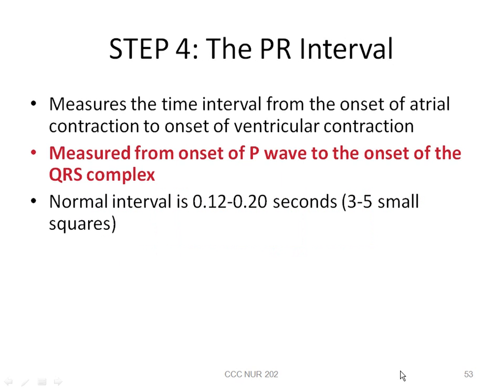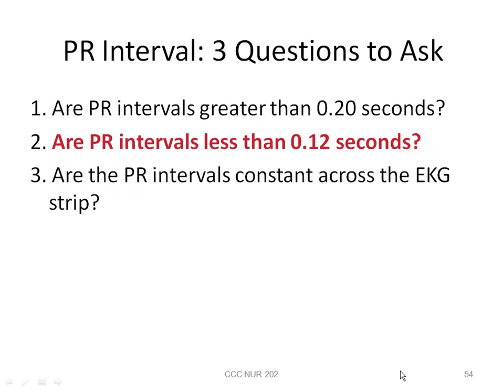The PR interval, again, is measured from the onset of the P wave to the onset of the QRS. Normal intervals are 0.12 to 0.20 seconds. If it is 0.20 seconds or above, it's considered a first-degree AV block, and we'll talk more about that. Are those PR intervals consistent across the strip, the same distance throughout?